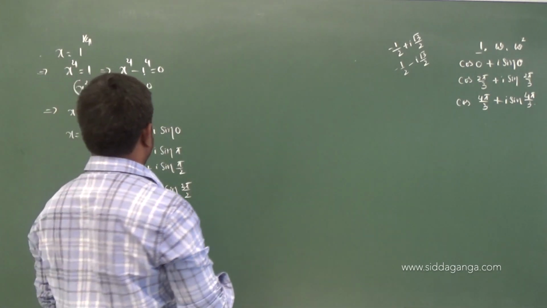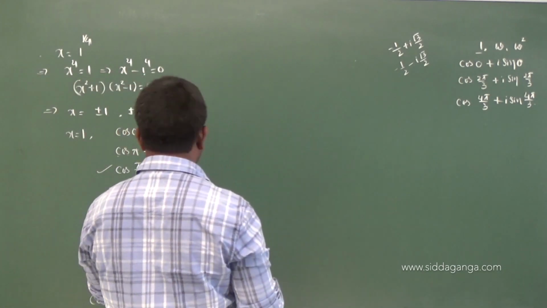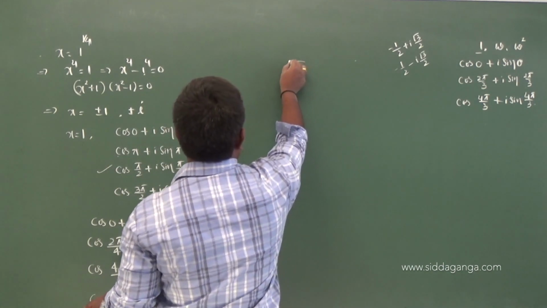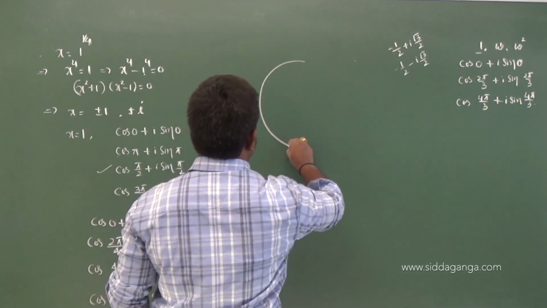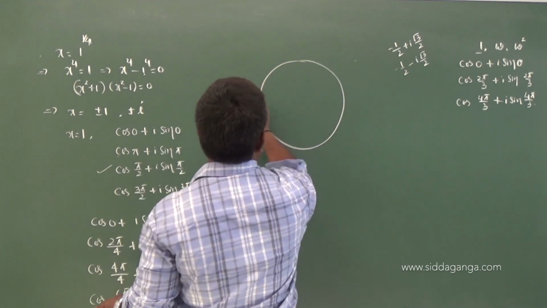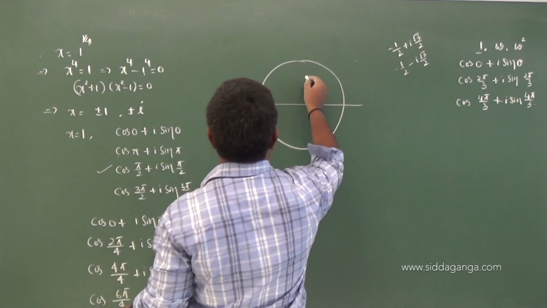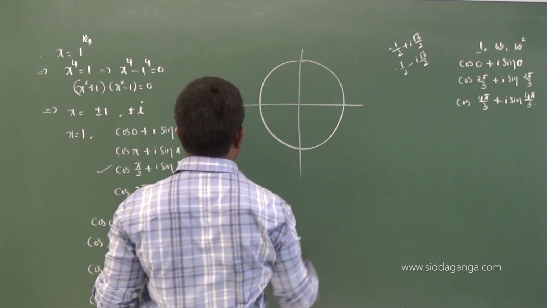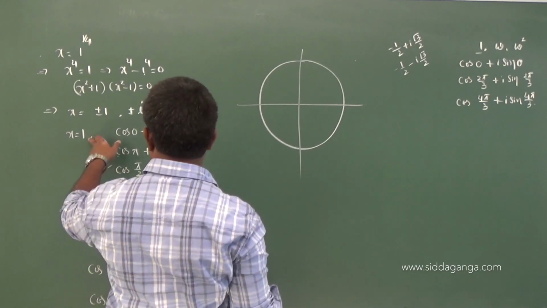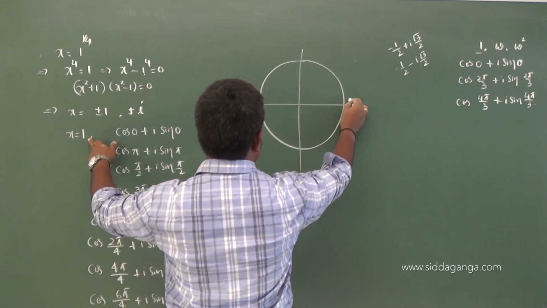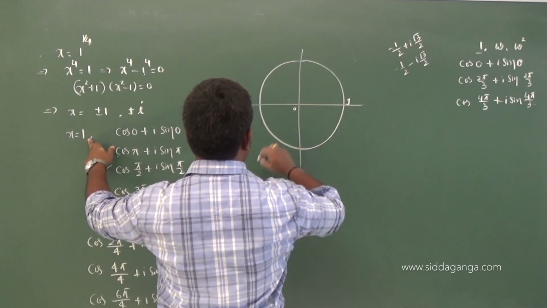So if you take these roots in a circle, the first root is 1, so this is a unit circle of radius 1.